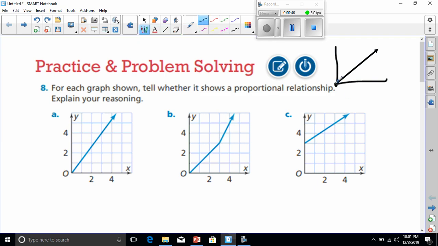All right, so let's take a look at these. The first one has our line going through the origin and straight, so this one is definitely proportional. And if I was to explain my reasoning, it would be because it's straight and goes through the origin.